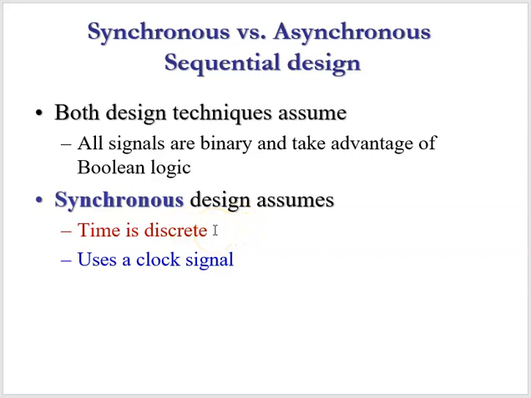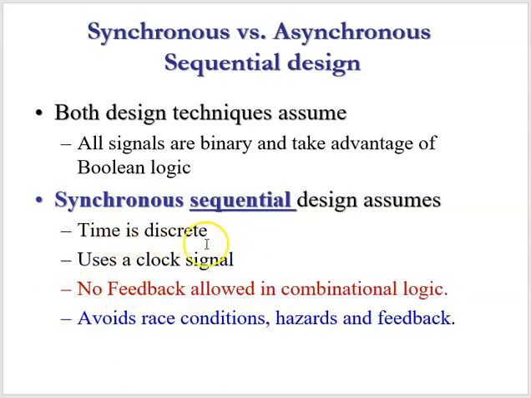So we have, for example, every 1 second or every 10 seconds, and we use a clock signal to define how to represent that discrete time. There's no feedback allowed in synchronous sequential design, no feedback of the combinational logic. What we saw being fed back was the output of the memory elements. This is important to avoid race conditions and hazards in your feedback.